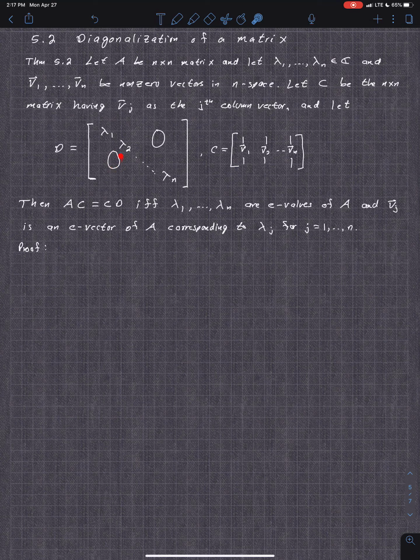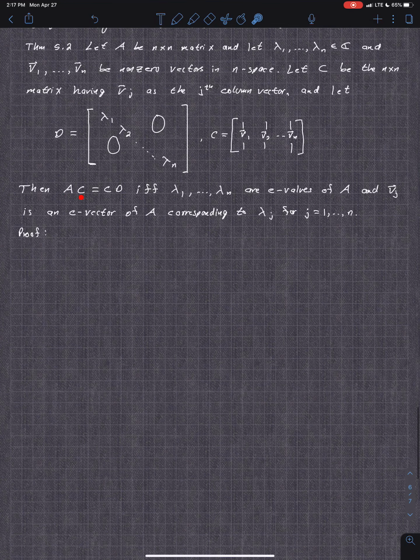This is a diagonal matrix, so you're defining D and C. Then you have this statement: A times C is equal to C times D if and only if lambda 1 through lambda n are eigenvalues of A and V sub j are the eigenvectors of A corresponding to the lambdas. It's a lot of words just saying what I said earlier: the eigenvectors correspond to the lambdas.